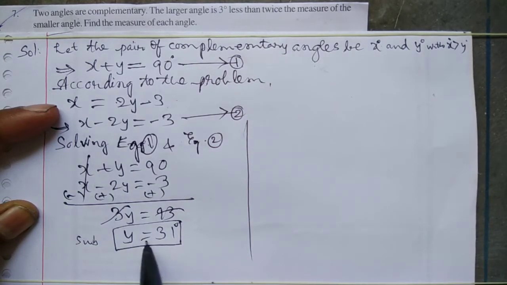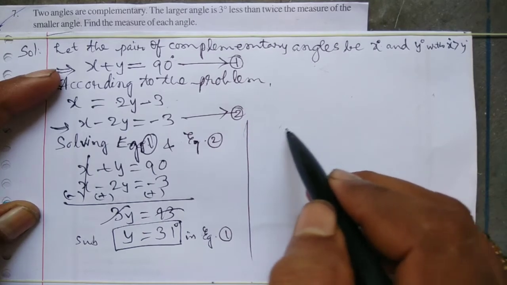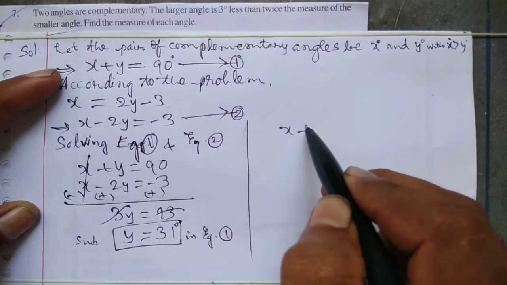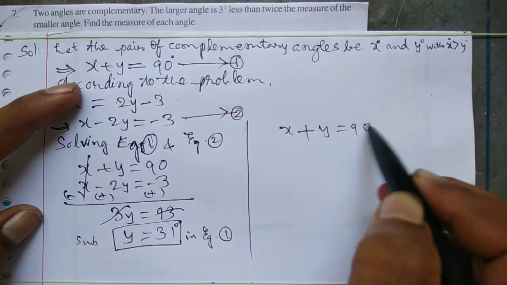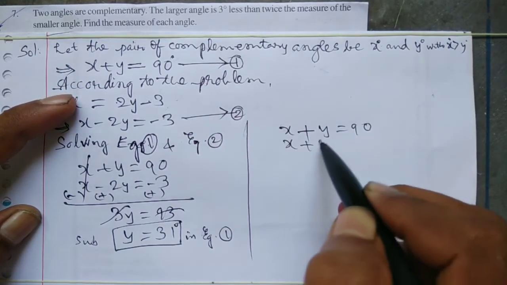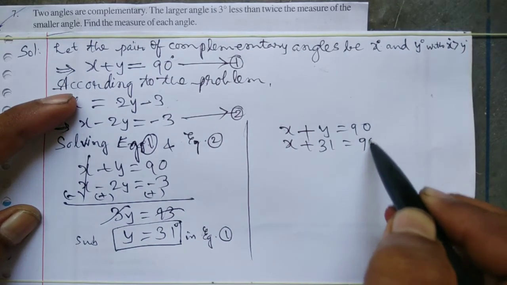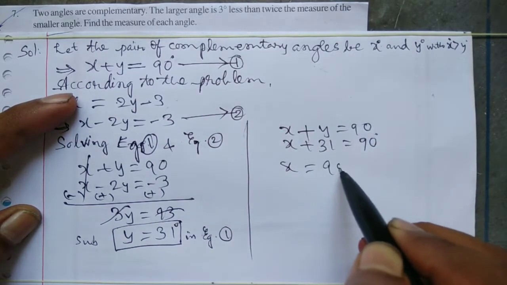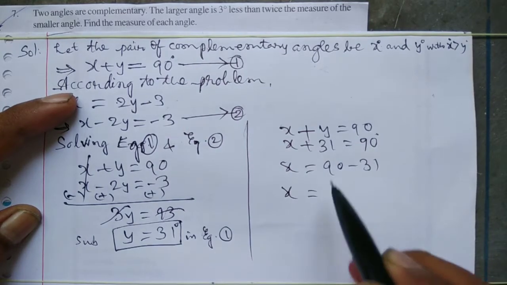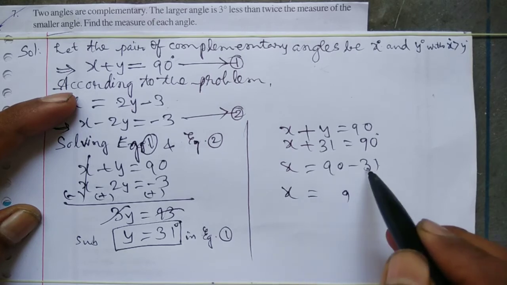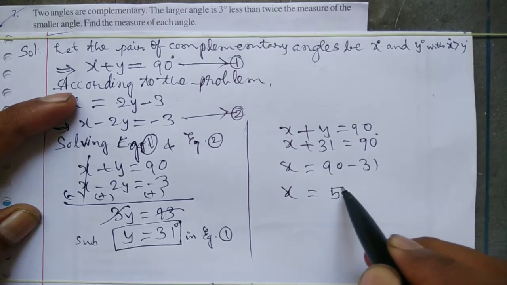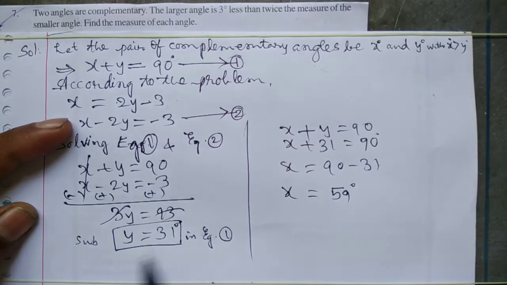Substitute y is equal to 31 degrees in equation 1. x plus y is equal to 90 degrees, so x plus 31 is equal to 90. x is equal to 90 minus 31, which is 59 degrees.